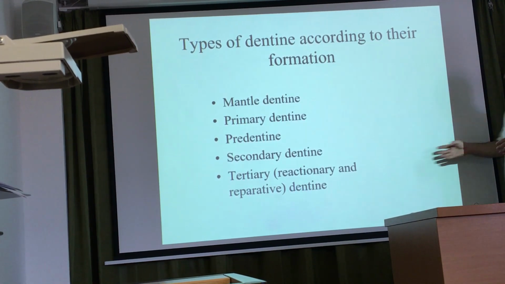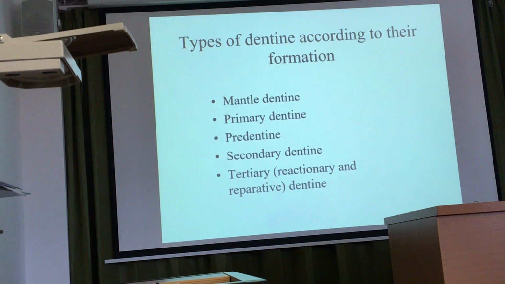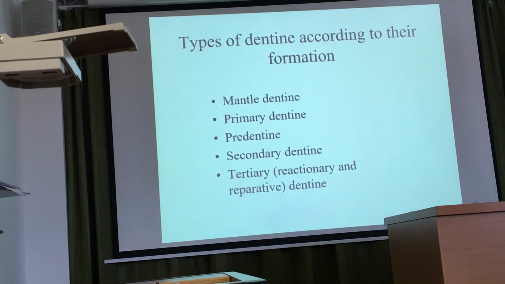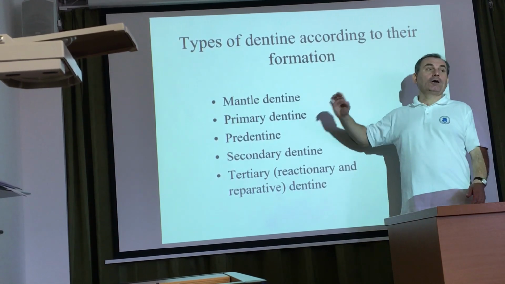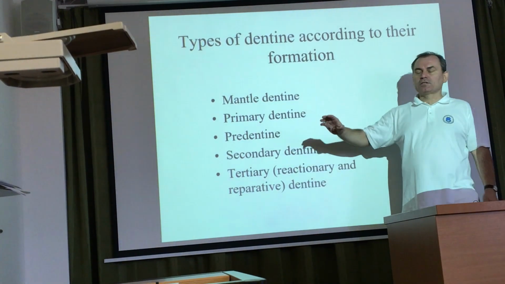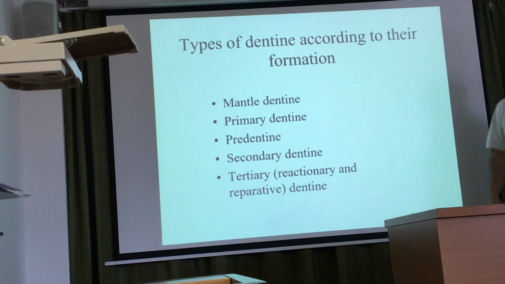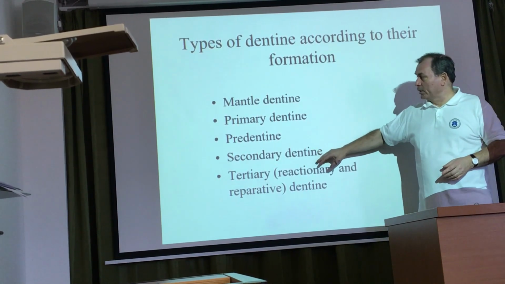When the apical foramen is restricted, the perfusion through the vessels of the pulp and the odontoblastic cells is decreased, and not the well-organized primary dentin, but the secondary dentin is formed. So after the root apex is restricted, the secondary dentin is formed.